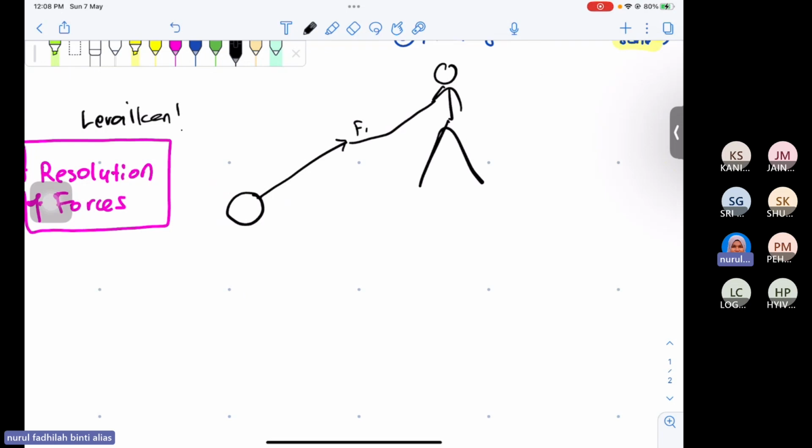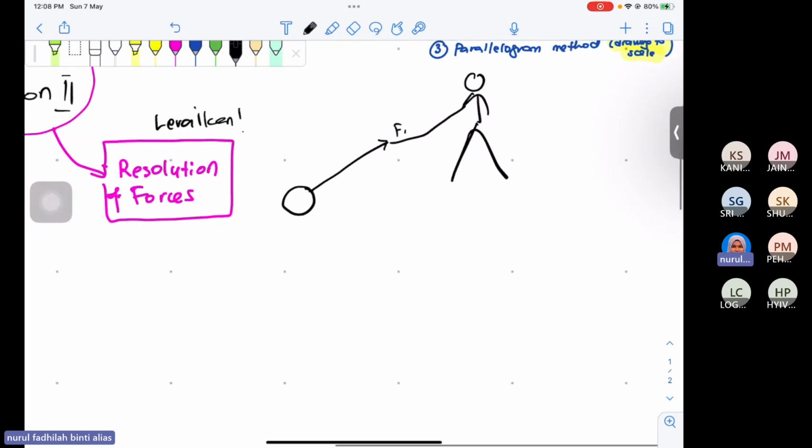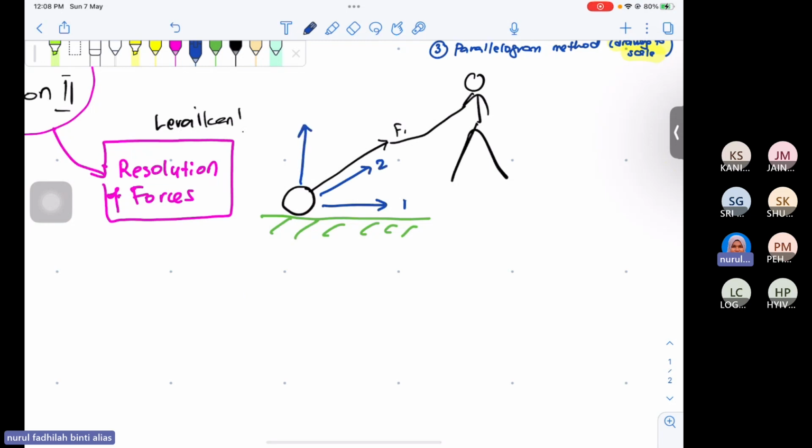Dia tarik sengit macam ni barang ni. Tapi kan, saya nak tanya you all. You all pernah boleh bayang tak keadaan ni? Ini lantai. Kalau you tarik tali macam tu, the object ni dia bergerak arah mana? Is it arah 1, arah 2, or dia ternaik atas arah 3? Which one?